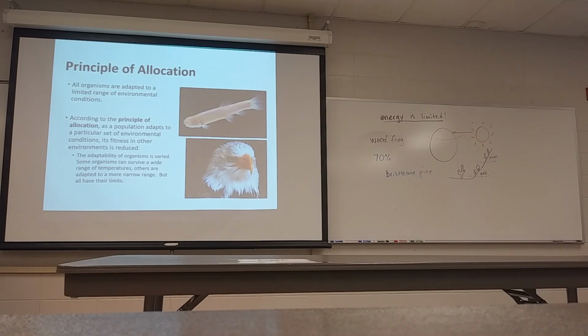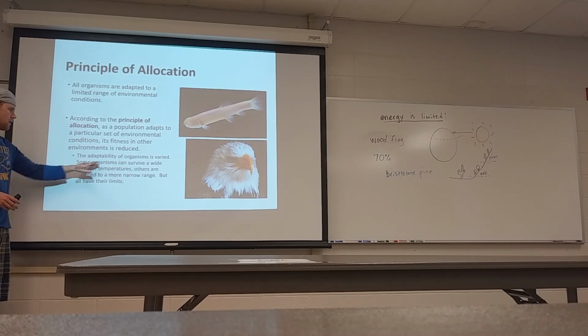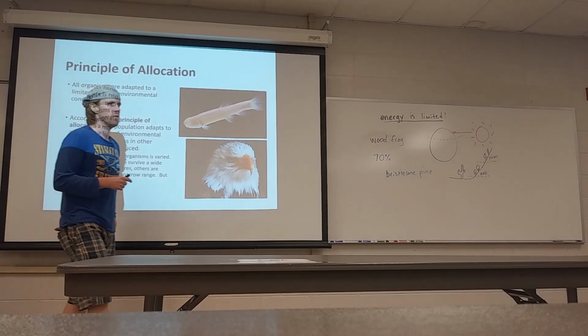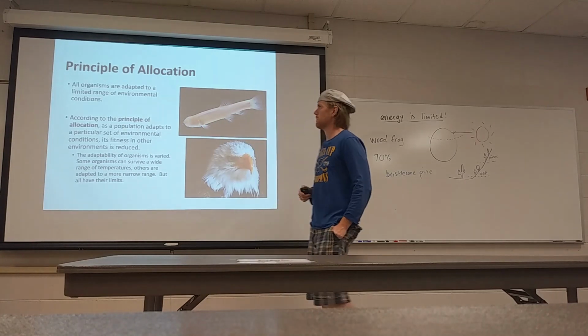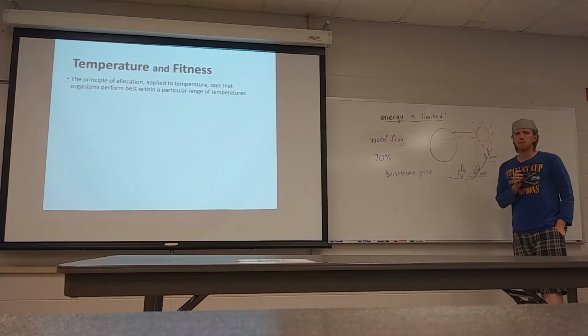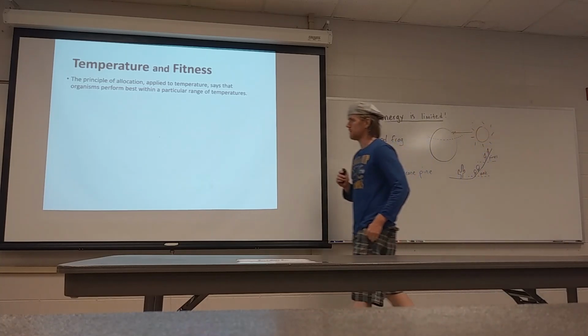So how does this relate to temperature? Some organisms are more adaptable with temperature. Others have a much more narrow range. But every organism does have a limit of where physiologically it is capable of functioning. And so let's apply this principle of allocation to temperature.